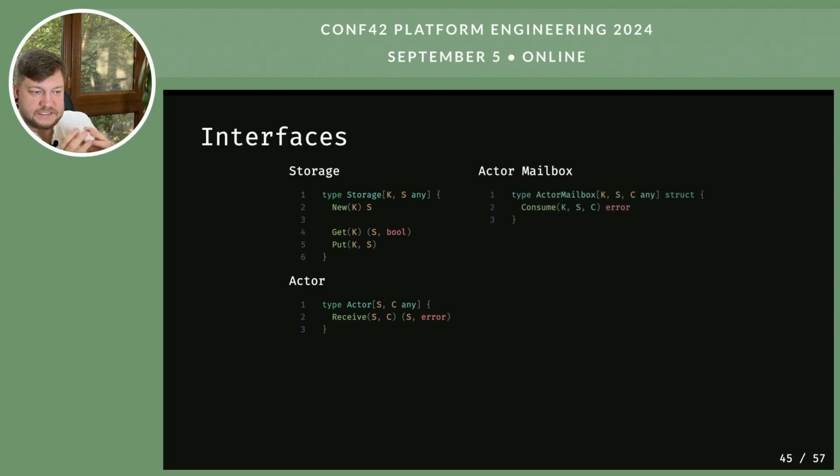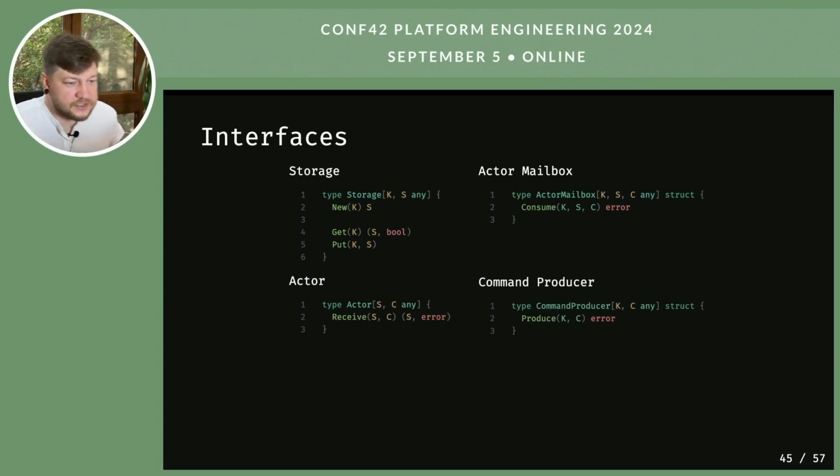Mailbox. This is the actual mailbox for our Kafka. We have to know about key, state, and command, and that's all. So we will deploy our application. We will start consuming messages from the transfer topic, and this actor mailbox will know about routing key, state, and command to call the actor. And of course, command producer.